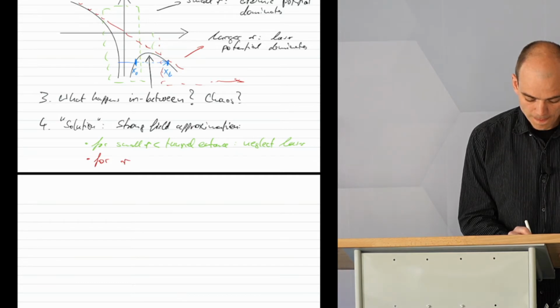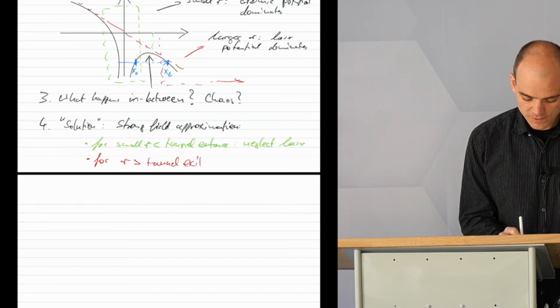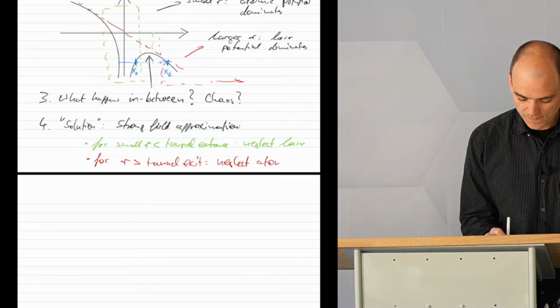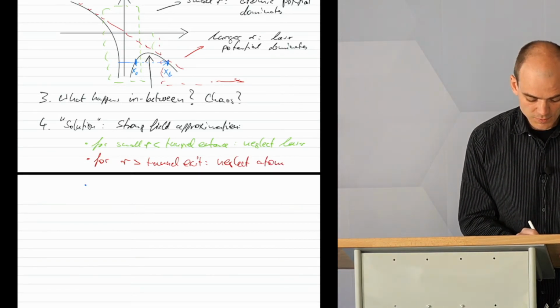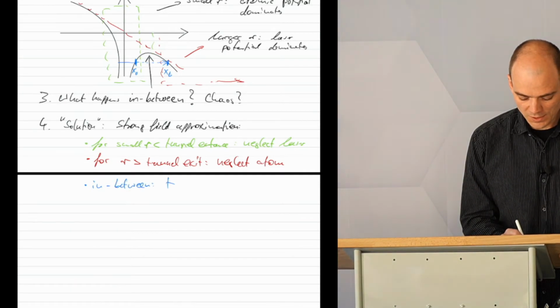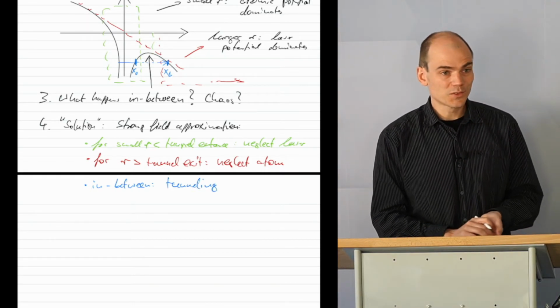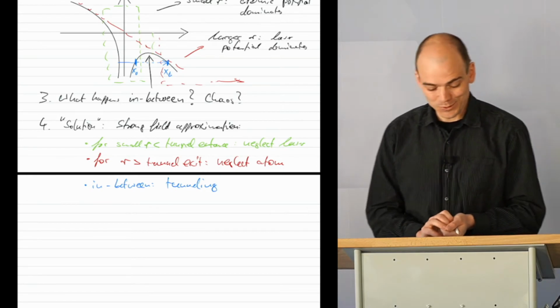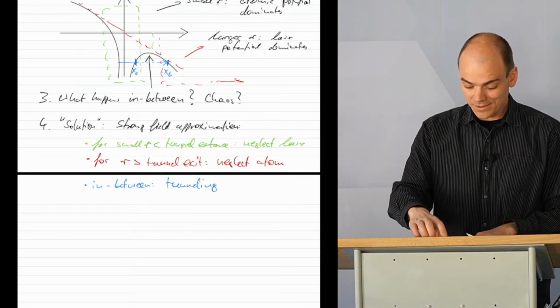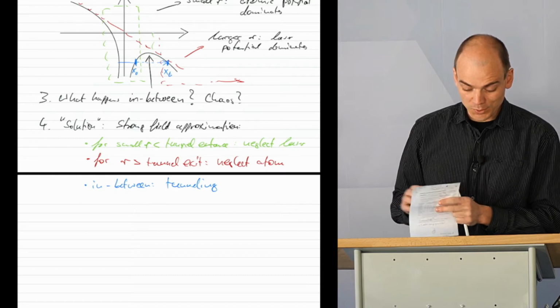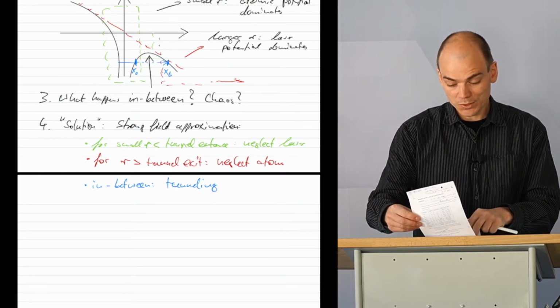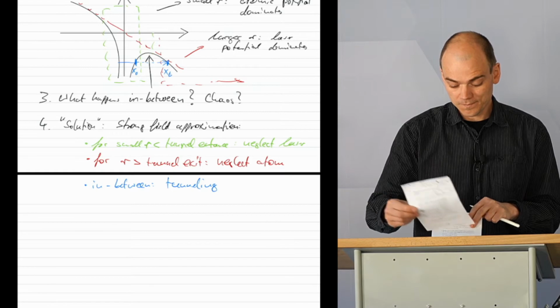For r larger than the tunnel exit, neglect atom, and then in between we have tunneling. And once again, this gives strong motivation for the next chapter, in which we will look at tunneling in more detail. But what we will do here is continue on our model.